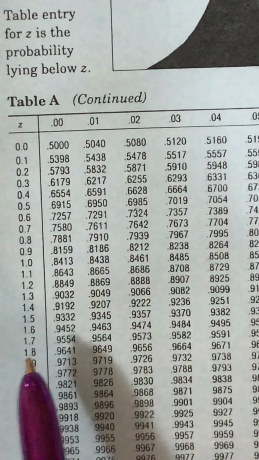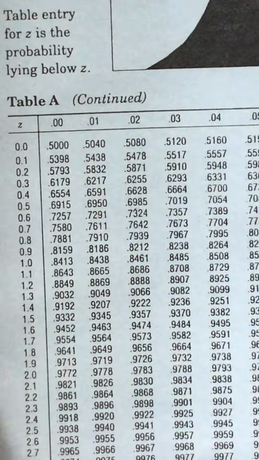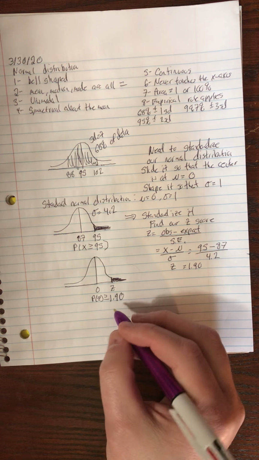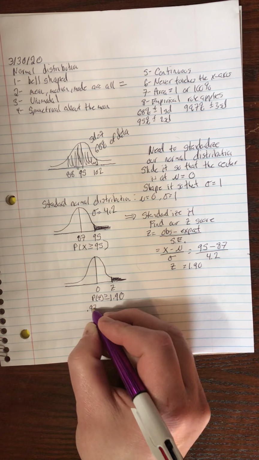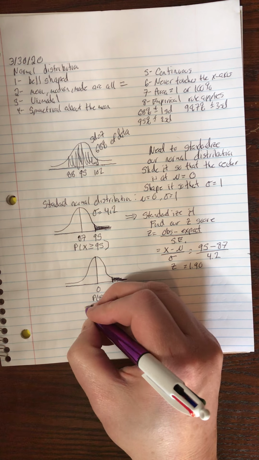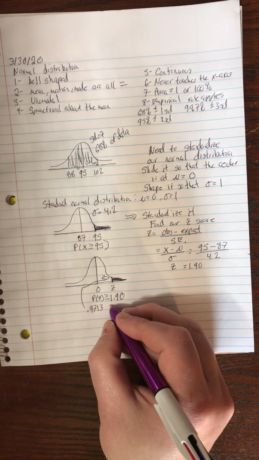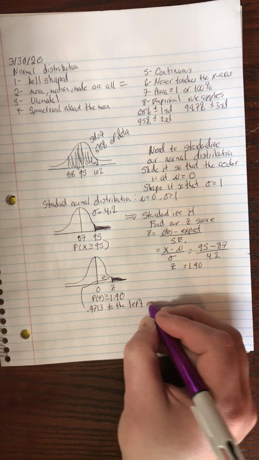Okay, so this number that I have for 1.90, 0.9713, represents everything to the left of z.